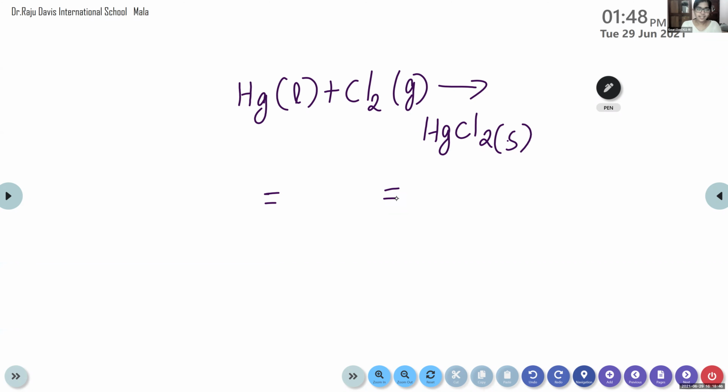Negative delta Cl2 divided by delta T. Then?